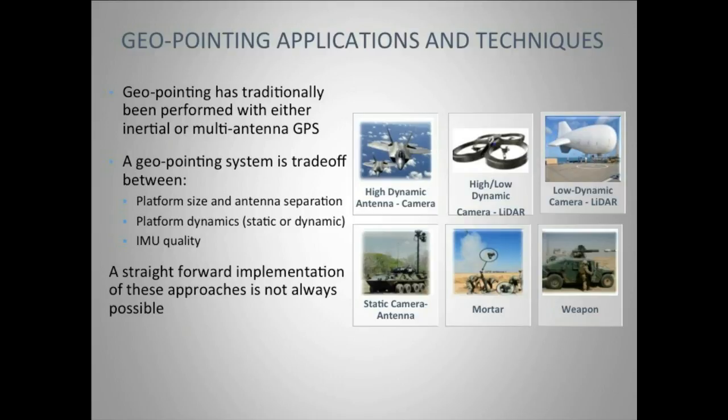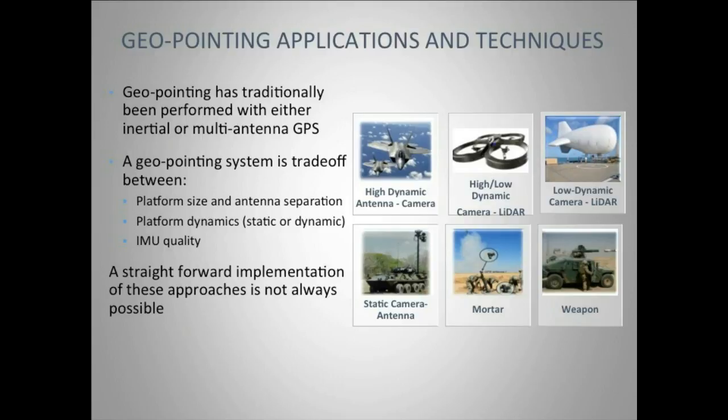And the trade-off is between the size of the platform and the antenna separation that you're able to put on for the multi-antenna system, the dynamics of the platform, whether it's stationary or dynamic, and in the case of an inertial solution, the quality of the IMU. So there's quite a few parameters that come into play here.